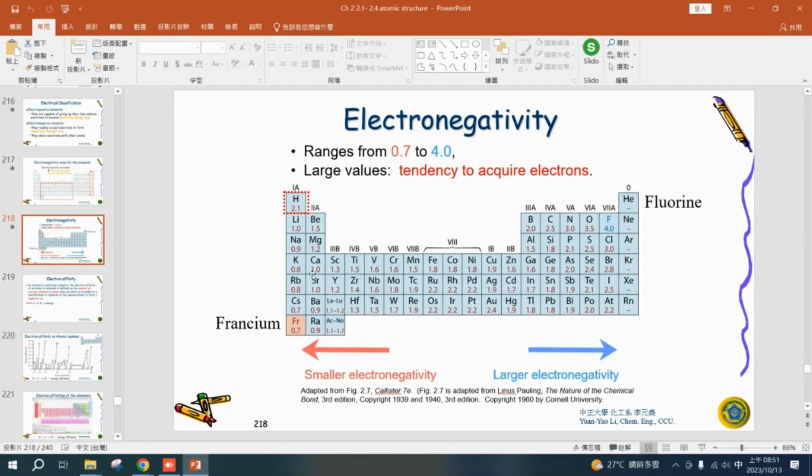So the electronegativity will decrease from the top to the bottom, and the electronegativity will increase from the left to the right. So this is another important trait you want to understand.